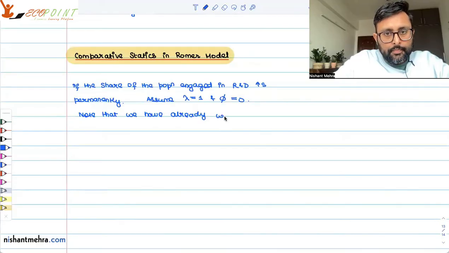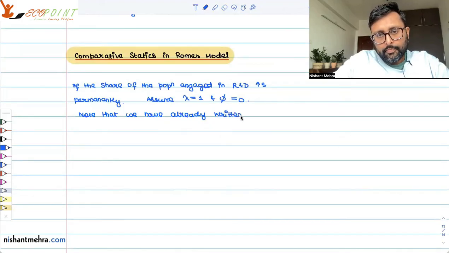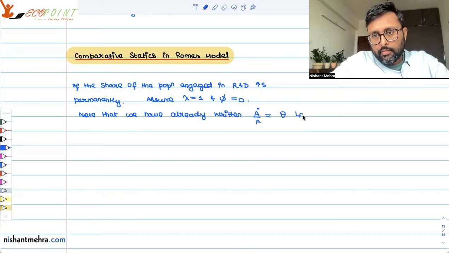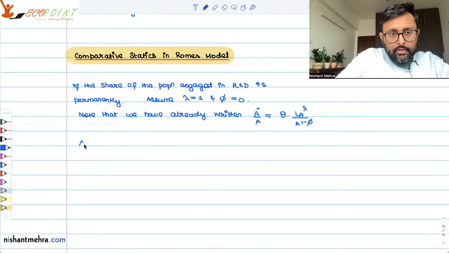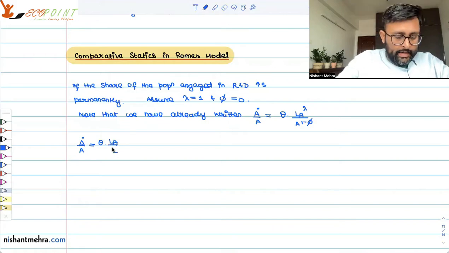And when lambda is 1 and phi is 0, I can just write this as A dot by A equals theta LA upon L.